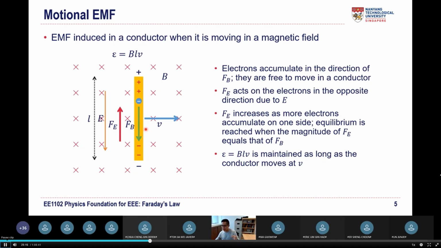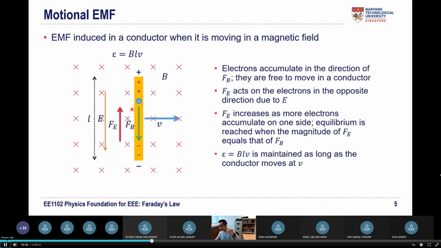So that means at one stage, once there is enough accumulation of electrons there and enough deficiency of electrons there, then these two forces will balance, and that will stop any further movement of the electrons.